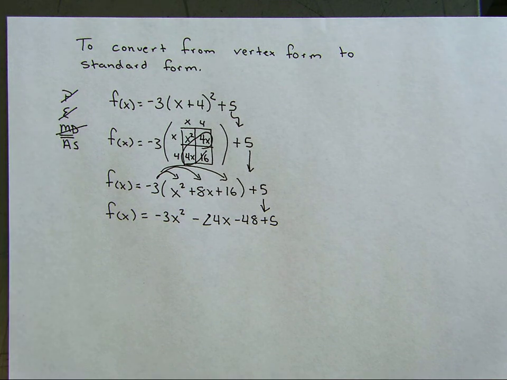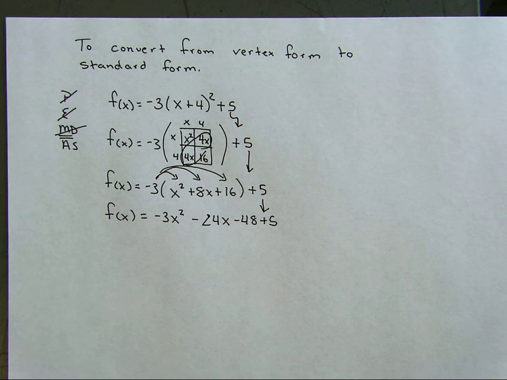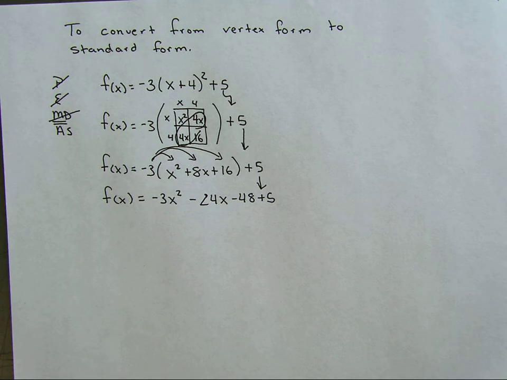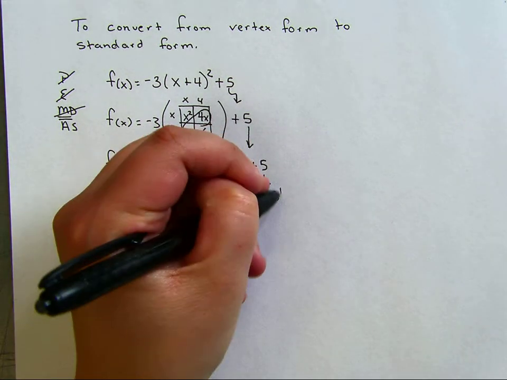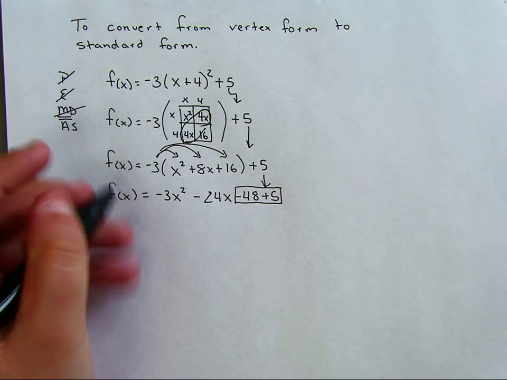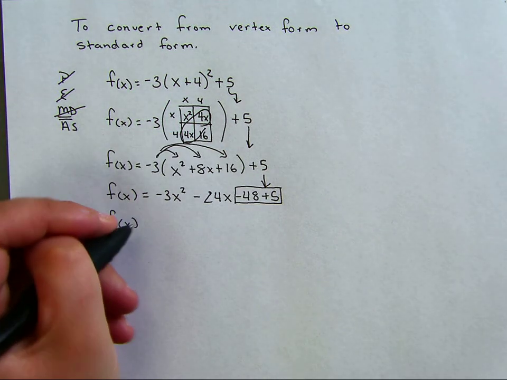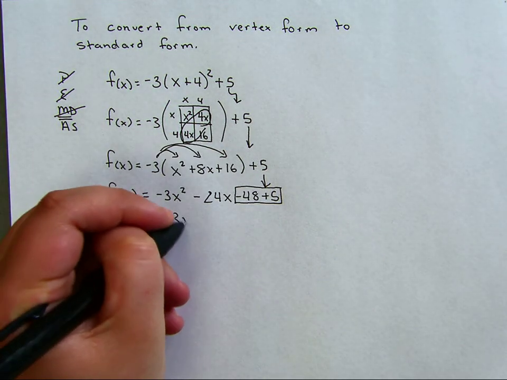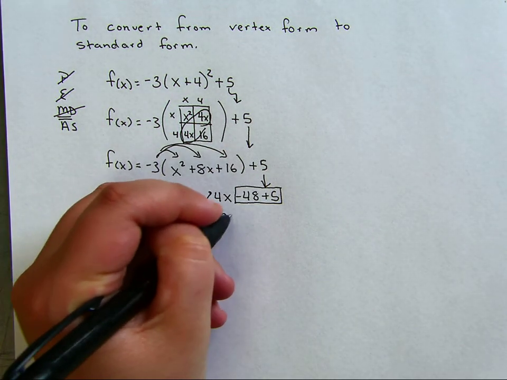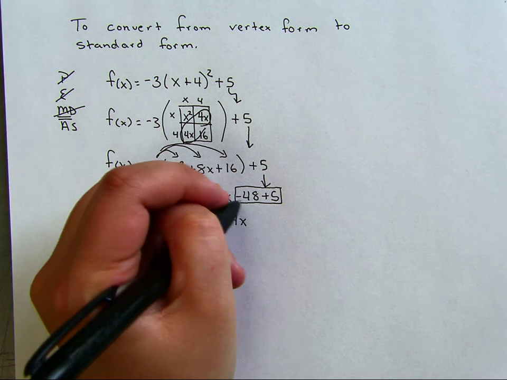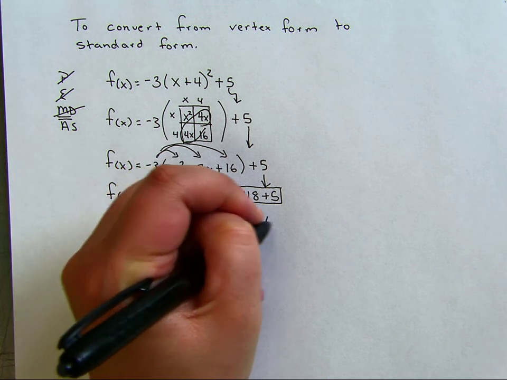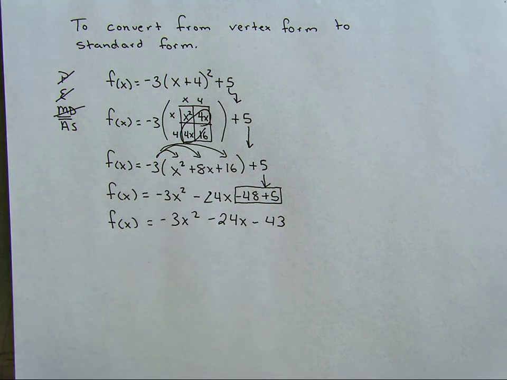There's no division, so we can move to the adding and subtracting, or what we like to call combine like terms. So then f of x equals negative 3x squared minus 24x, and then combine like terms, and we get negative 43.